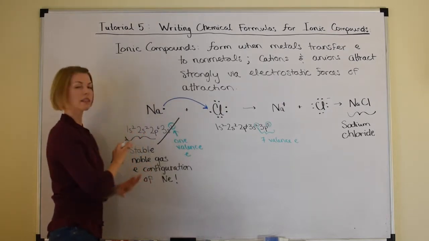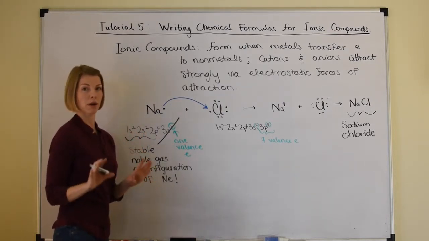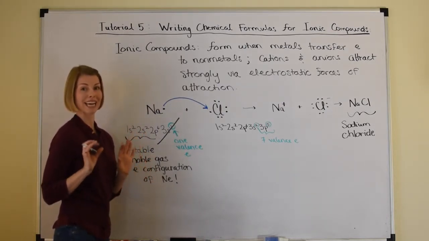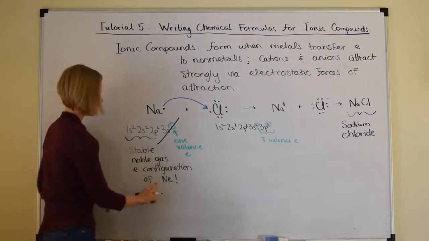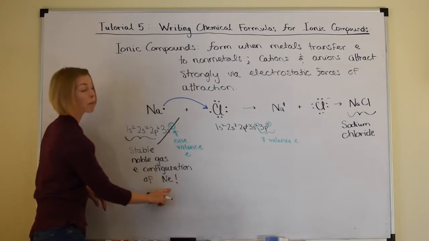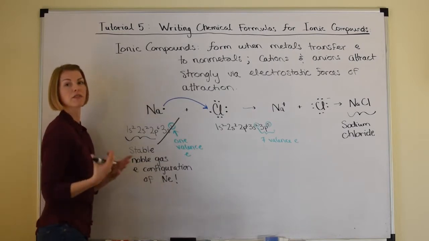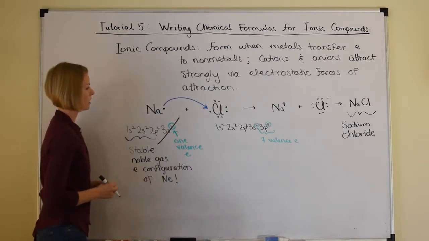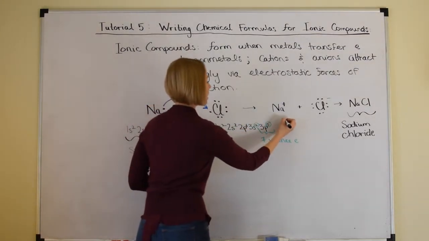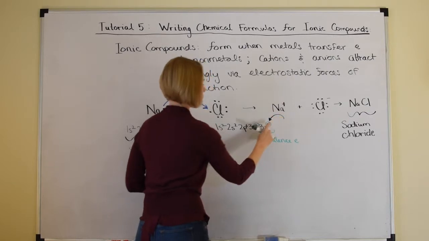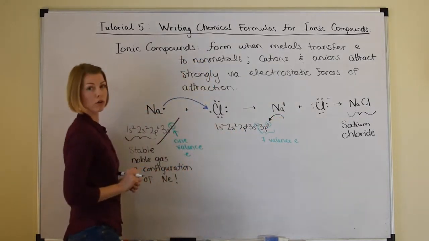Very important. It doesn't become neon. It has not lost any of its protons. Remember, the number of protons is fundamental to the identity of the element. It's just lost an electron. It's simulating or copying the electron configuration of the stable neon. Okay, what happens over here to the chlorine when it becomes a chloride? It gains that electron into that outermost valence shell.